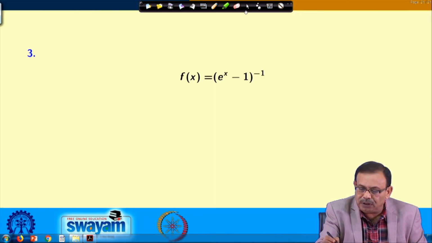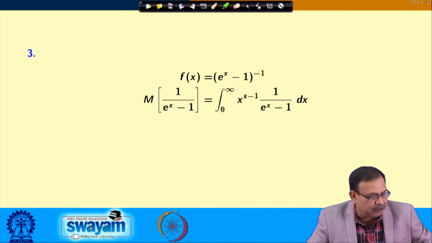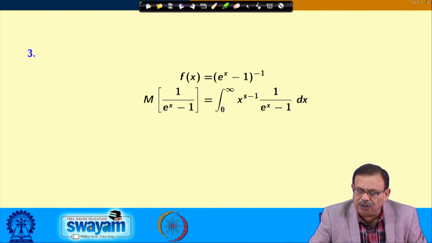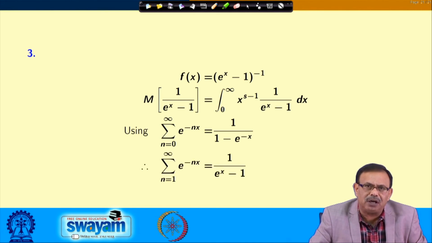So, if I see over here, your f x is this thing. So, the Mellin transform of 1 by e power x minus 1 equals integral 0 to infinity x to the power s minus 1, 1 by e power x minus 1 dx. Now, we are using this series that 1 by 1 minus e power minus x equals summation n equals 0 to infinity e power minus n x, and this we can rewrite as n equals 1 to infinity, since this 1 will be cancelled over there.